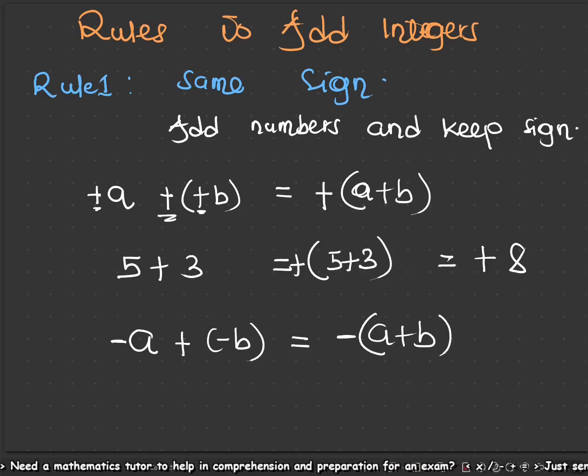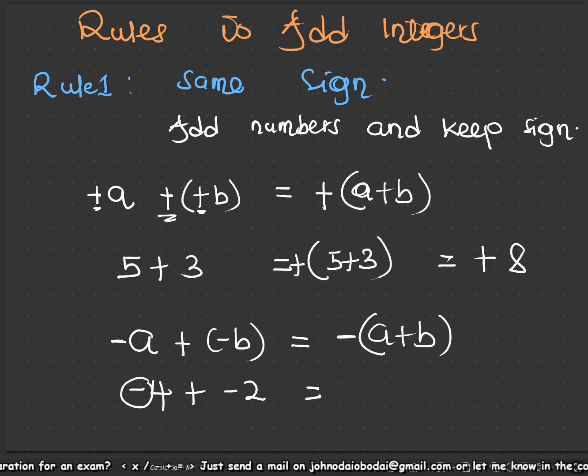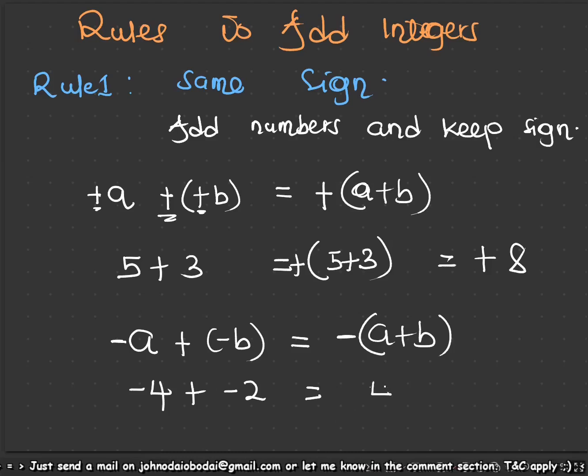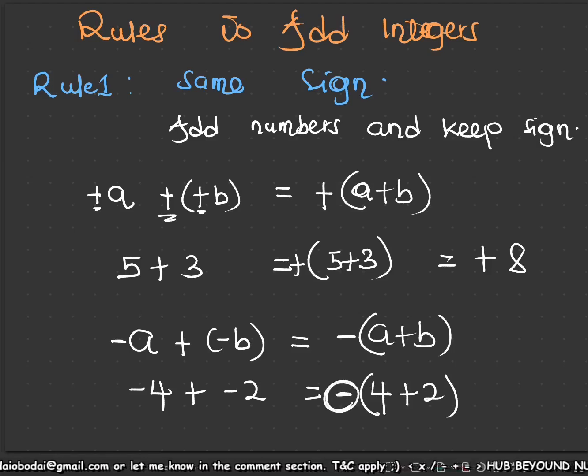So the example here is negative 4 plus negative 2. As you can see, the signs are the same. This one here is a negative, whilst this here is also a negative. And the rule is saying, let's just add the numbers. So we add 4 to 2, and then we keep the sign.